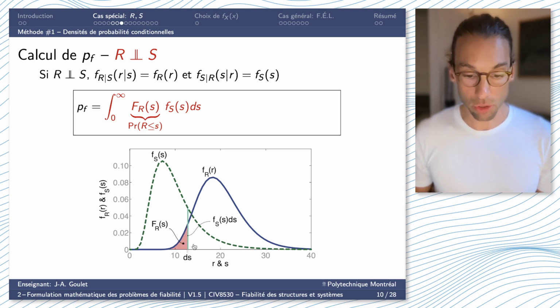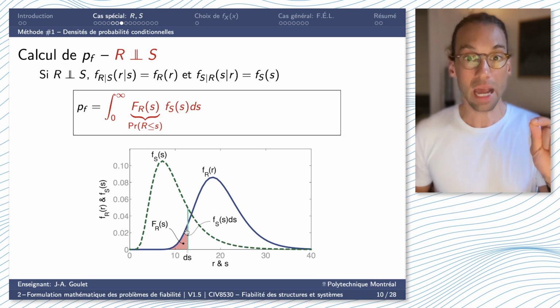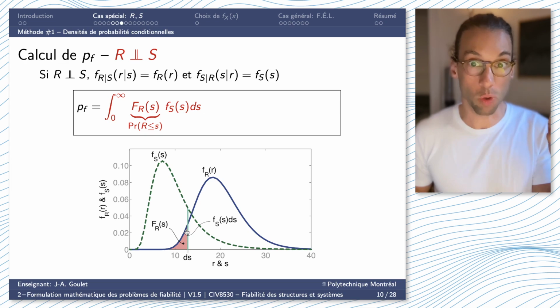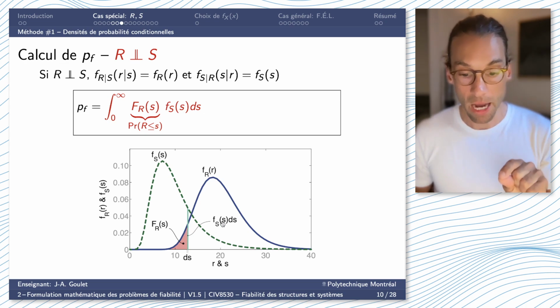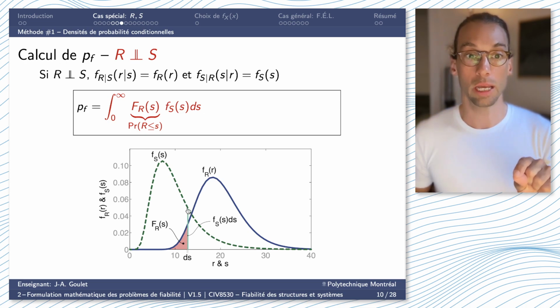And this area under the curve is actually the CDF of my resistance evaluated at that 12 kilonewton value. It represents that area in pink here. And I need to weight that specific value of probability of failure for 12 kilonewton of solicitation by the probability density that this solicitation is going to occur. And this is what we do here, and we integrate over all possible values of solicitation.